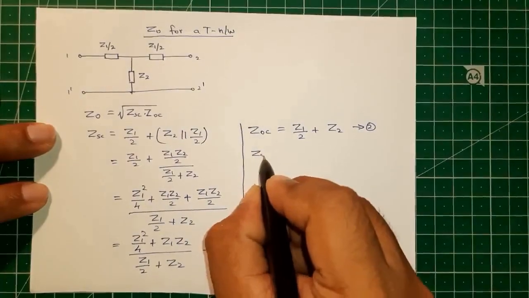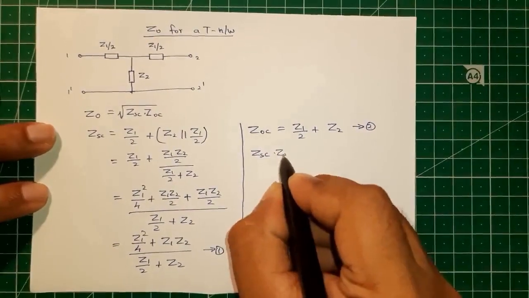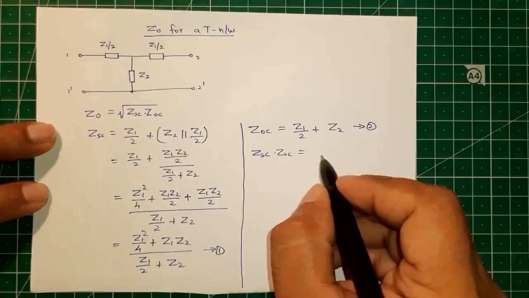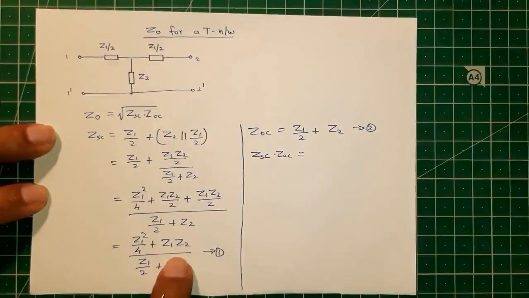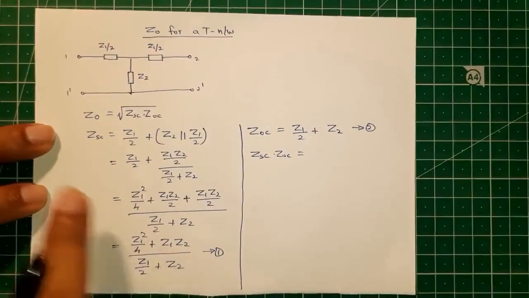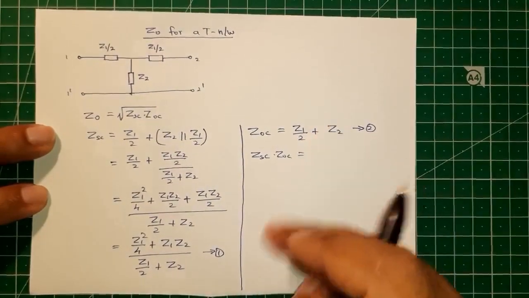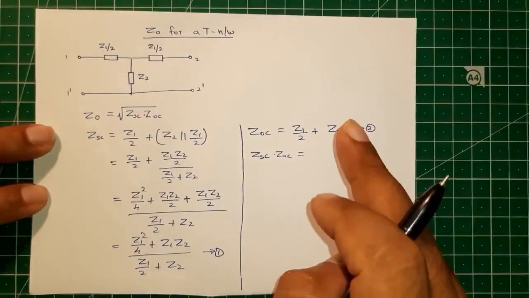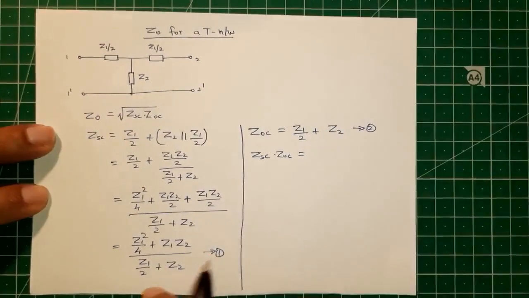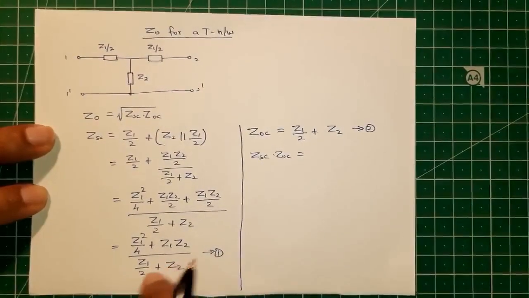So what is the product of the short circuit and the open circuit impedance? We will multiply ZSC with ZOC. When you multiply, this will come in the numerator and it will get cancelled with this denominator.